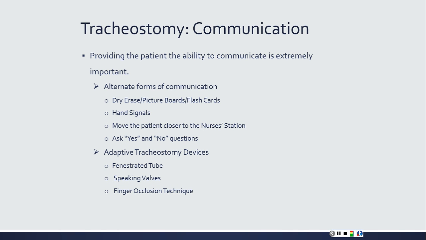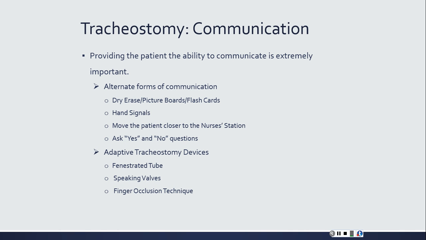Now, there are some adaptive tracheostomy devices that we talked about: the fenestrated tubes, the speaking valves, there's a Passy-Muir valve, which just fits on the outside of the tracheostomy tube. For a patient that does not require oxygen, this is an excellent device, and it helps them to actually speak.